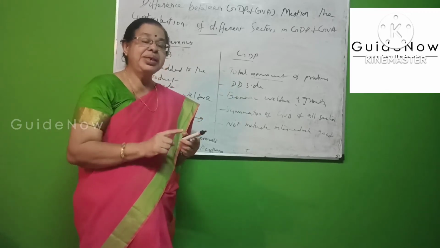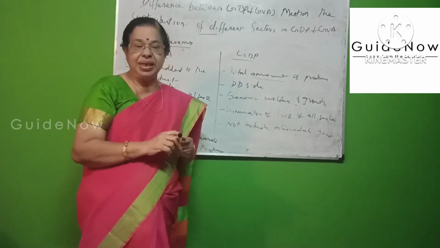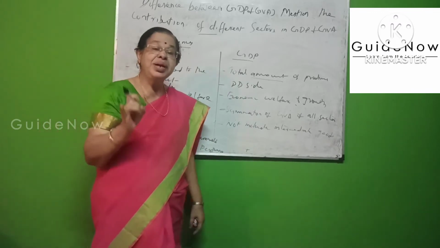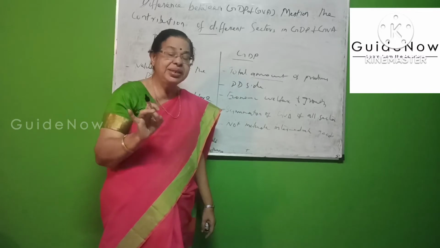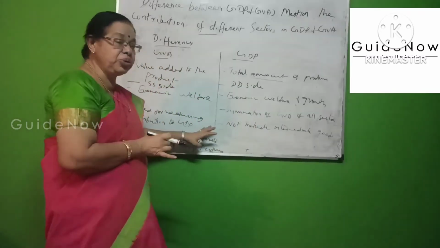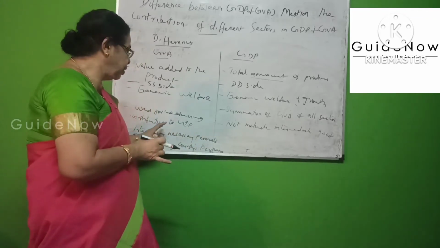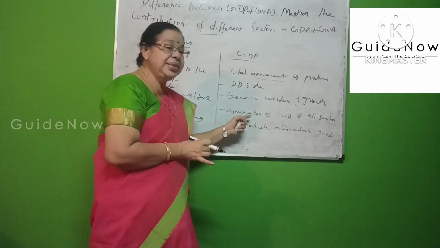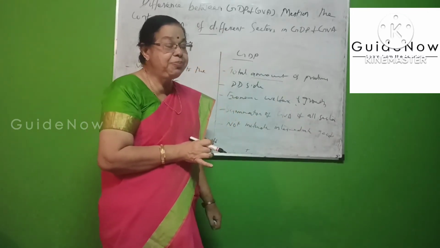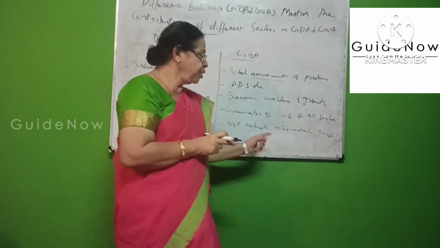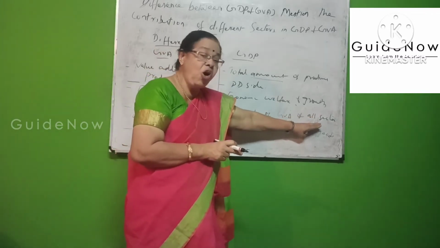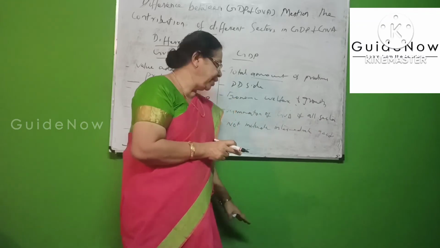GVA is the measuring rod for GDP. GDP is mainly calculated with the help of income, expenditure, and here there is GVA. The contribution to GDP is mainly based on GVA, which is the summation of GVA of all sectors. GDP is equal to sigma GVA. So the summation of GVA from all sectors is included in GDP.